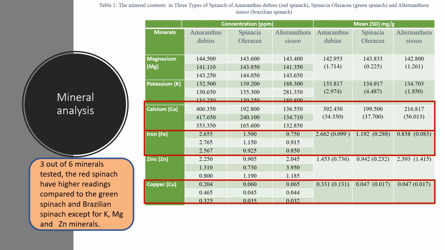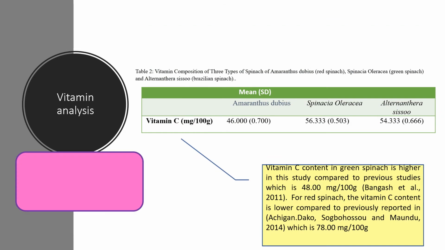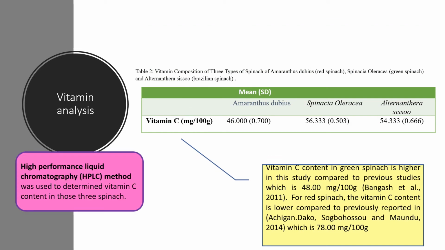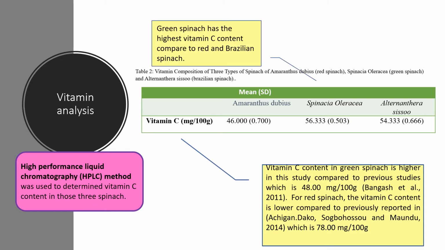For zinc content, Brazilian spinach recorded the highest concentration compared to the red spinach and green spinach. For vitamin analysis, HPLC method was used to determine vitamin C content in those 3 spinach. It was found that green spinach has the highest vitamin C content compared to red and Brazilian spinach.